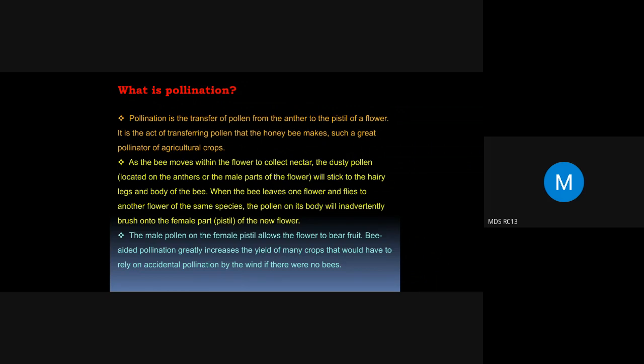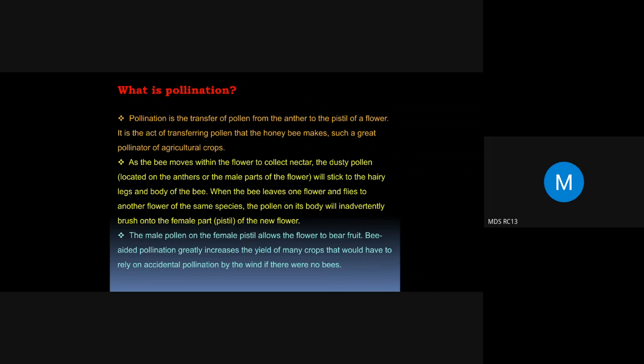As the bee moves within a flower to collect nectar, the dusty pollen located on the anther, the male part of the flower, will stick to the hairy legs and body of the bee. You have seen the morphological structure of the honeybee. I have shown the zoomed structure of the different legs: foreleg, mid-leg, and hind leg. These contain numerous hairs, and also on its head and thorax.